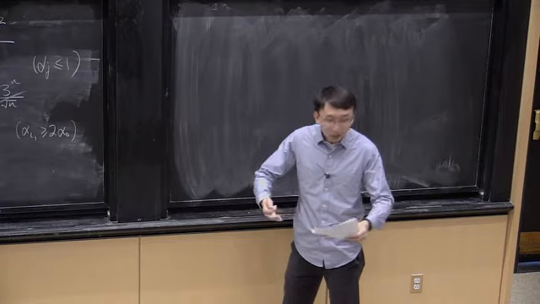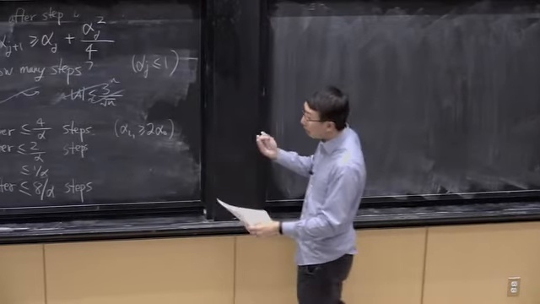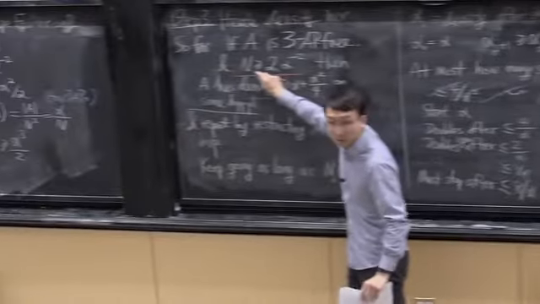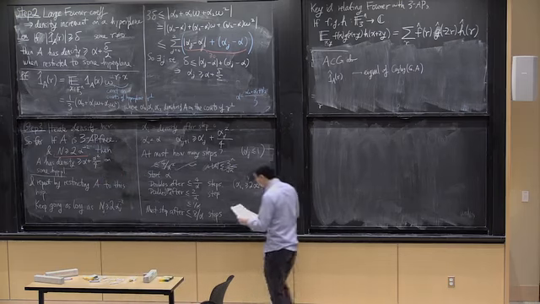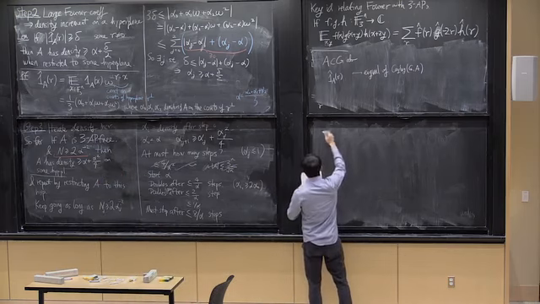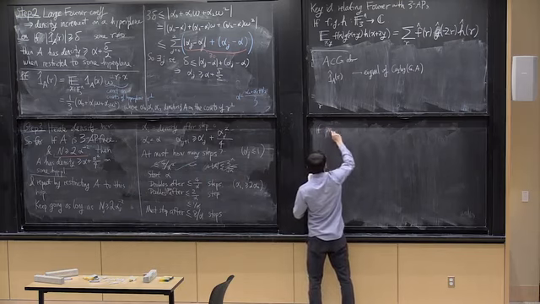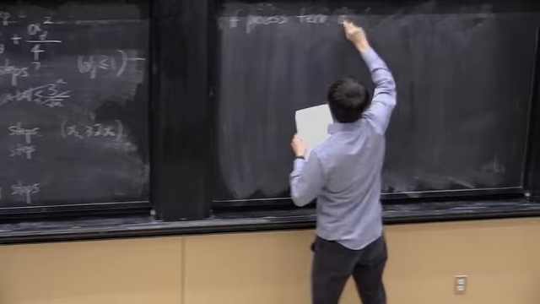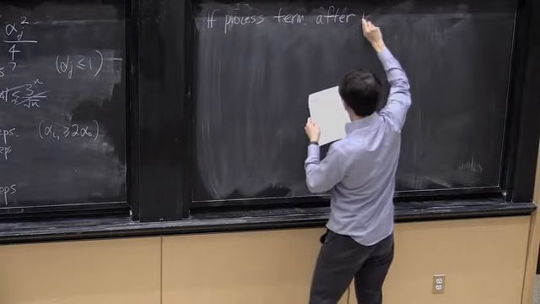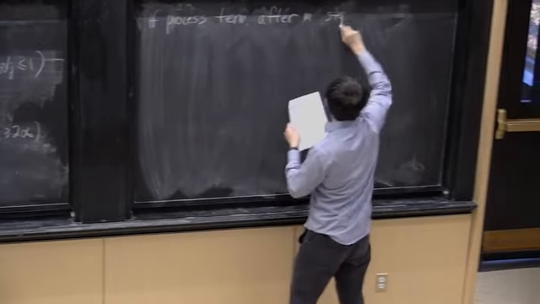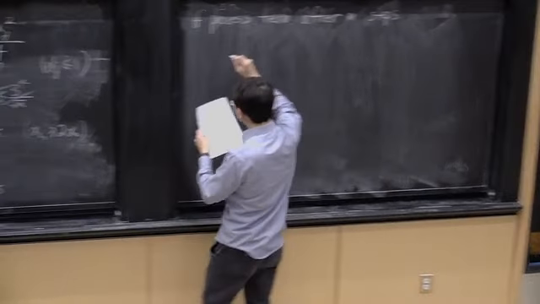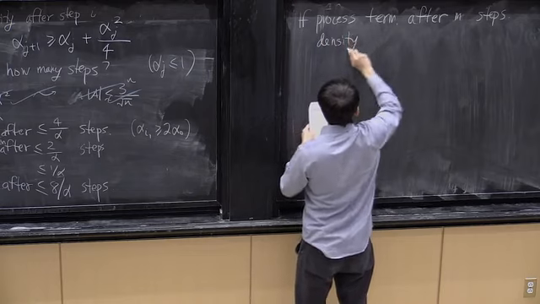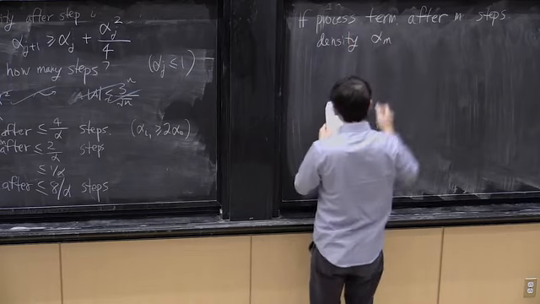What is the final density when you have to stop? Okay, so when are you forced to stop? You are forced to stop if you run out of space. So if the process terminates after m steps, we're at density alpha m.